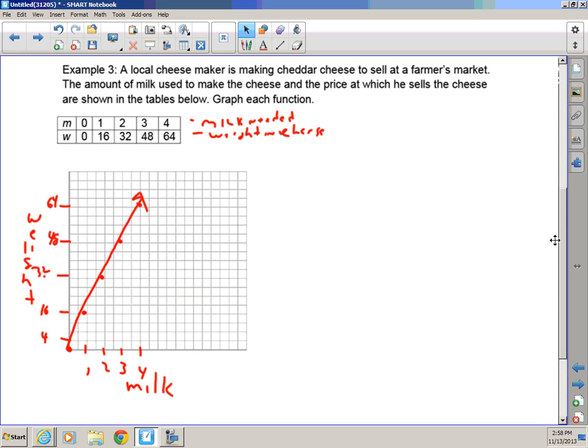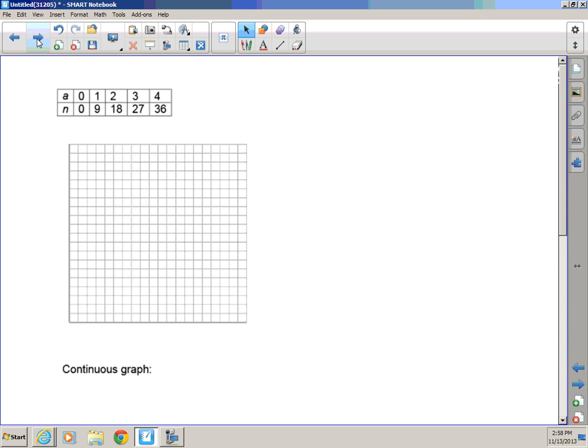Okay? Now let's contrast this with the next scenario where I'm going to graph. The A represents the number of wheels sold of cheese, and the N represents the money earned.